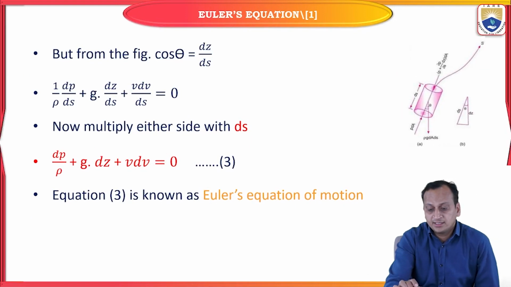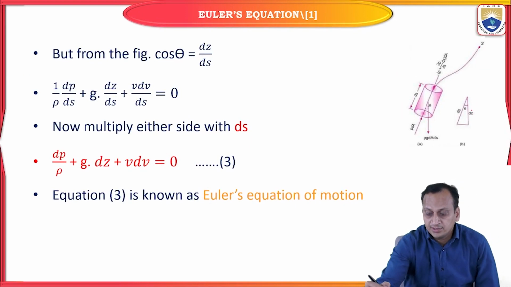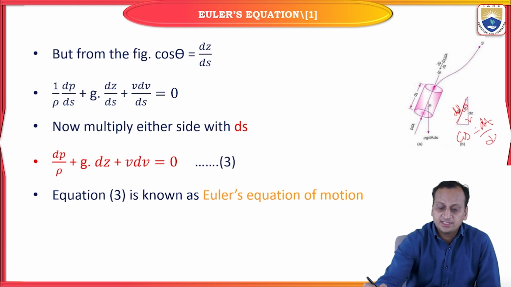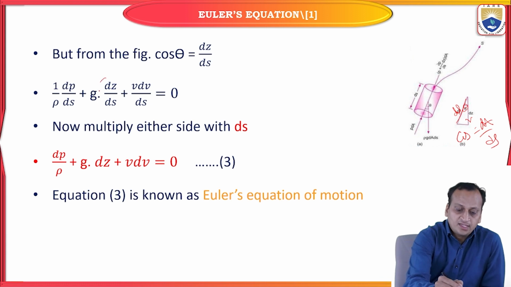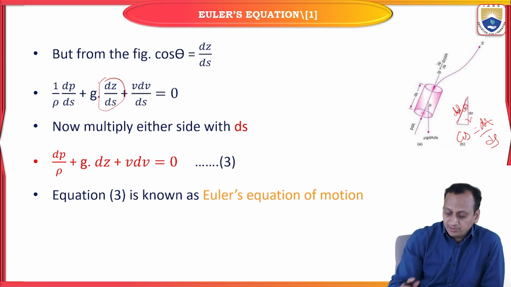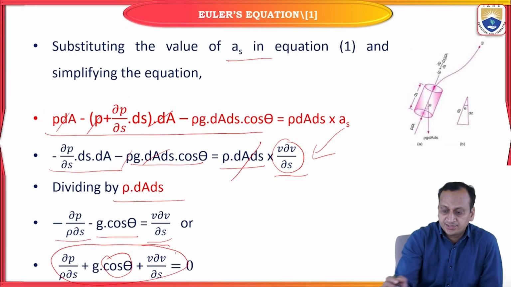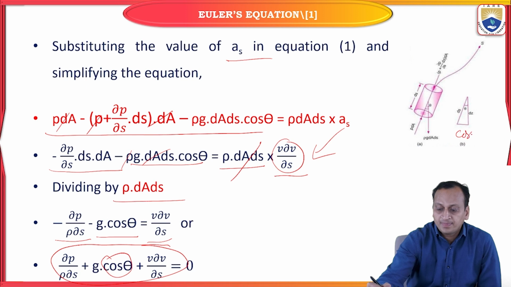From the diagram, this is the vertical direction through which the weight is acting. If you consider this as dz, and the length of the fluid particle as ds, then cos theta equals dz by ds. In the earlier equation there is g cos theta; if this cos theta is replaced from this triangle, it becomes dz by ds.